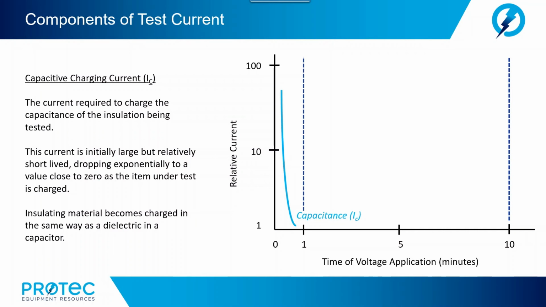Now, this current is initially large but relatively short-lived, dropping exponentially to a value close to zero as the item under test is charged. Insulating materials become charged in the same way as a dielectric in a capacitor.